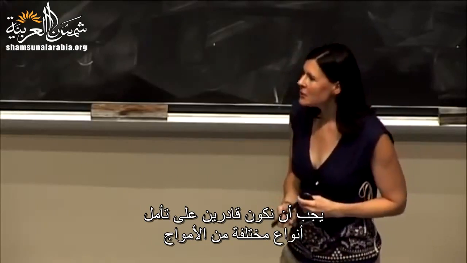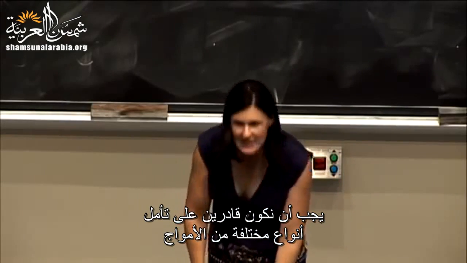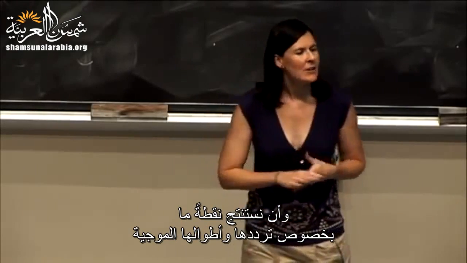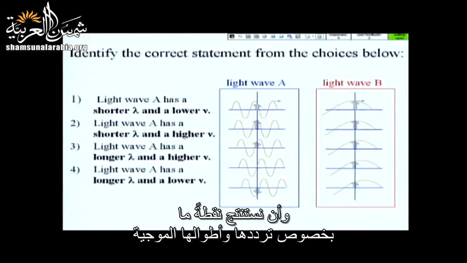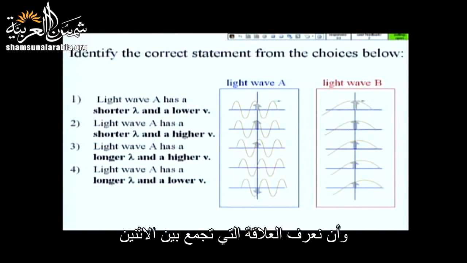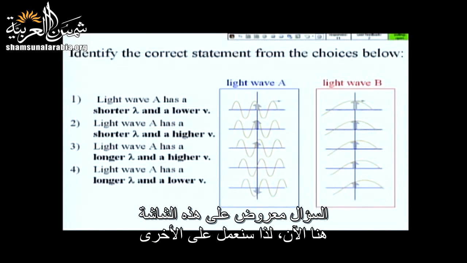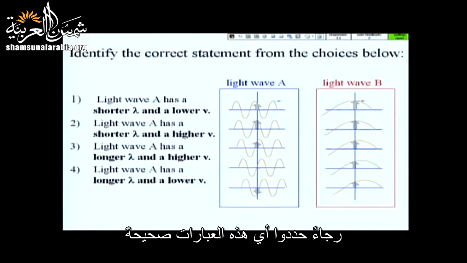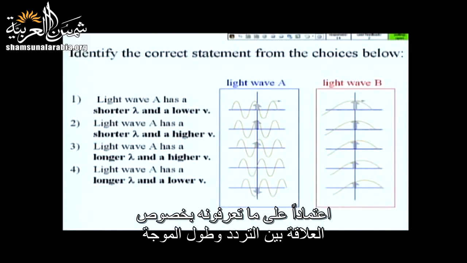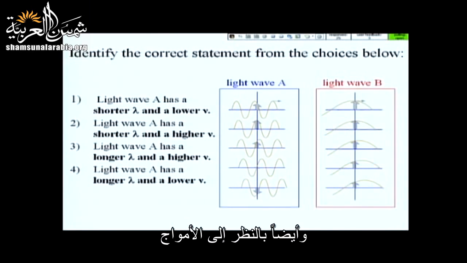We should be able to look at different types of waves and figure out something about both their frequency and their wavelength and know the relationship between the two. If you can identify which of these statements is correct based on what you know about the relationship between frequency and wavelength, and also just looking at the waves.